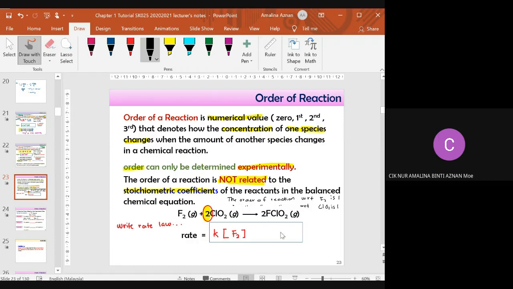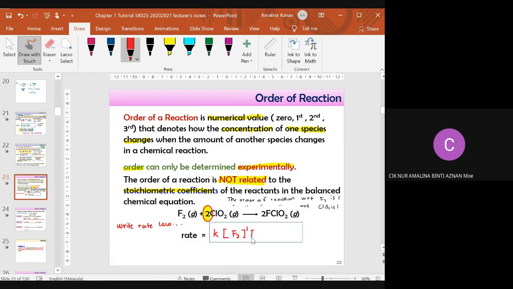So, when we want to write the rate law, we have to refer to the order of reaction. It's either given or we have to calculate it. From here, since we already know the order of reaction with respect to fluorine is 1, it must be to the power of 1.